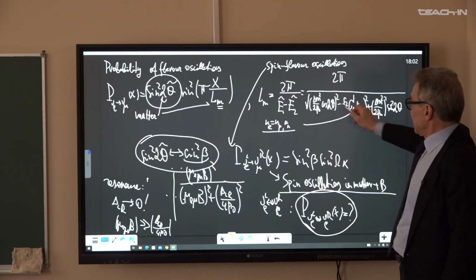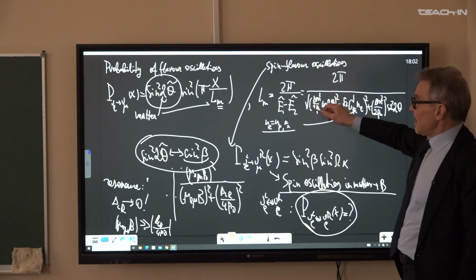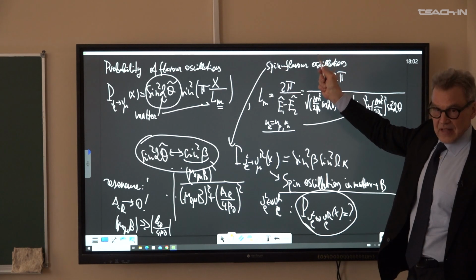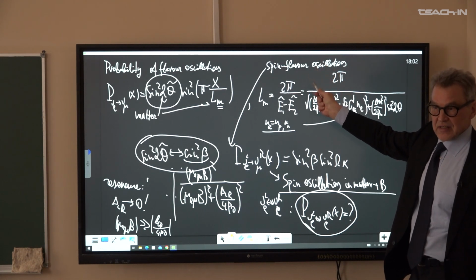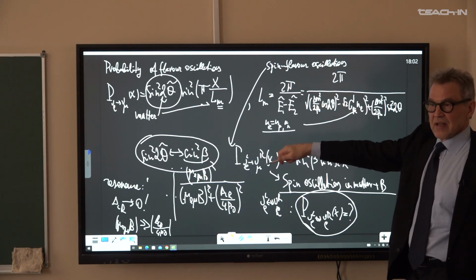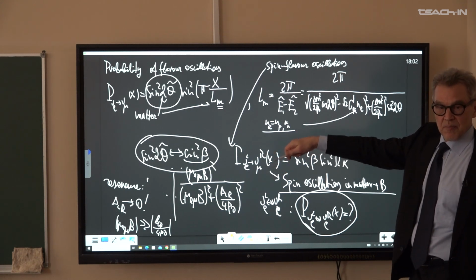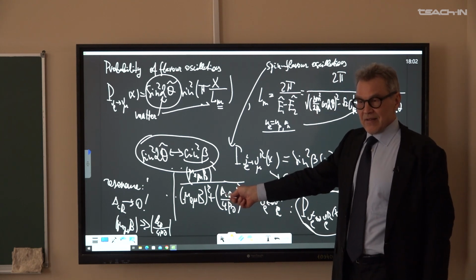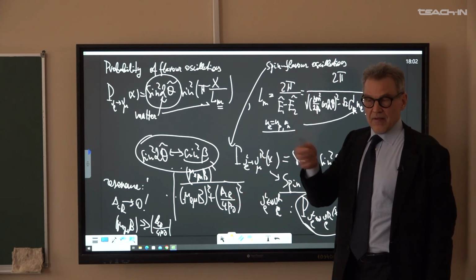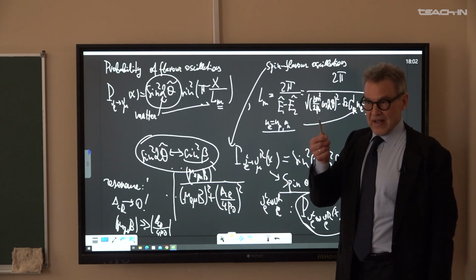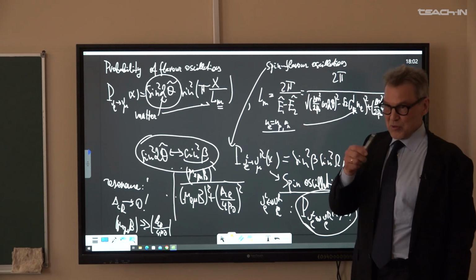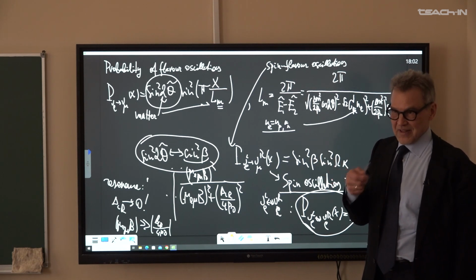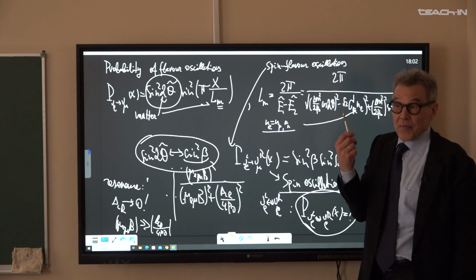And when matter kills this term, the amplitude of oscillations becomes equal to 1. That was the Mikheyev-Smirnov-Wolfenstein resonance. The same effect exists in the spin or spin flavor oscillations in the presence of matter. Also, we include in delta LR the effect of phi. You remember, yeah? This term can also destroy or just improve the resonance condition. It's an additional phenomenon, I should say.